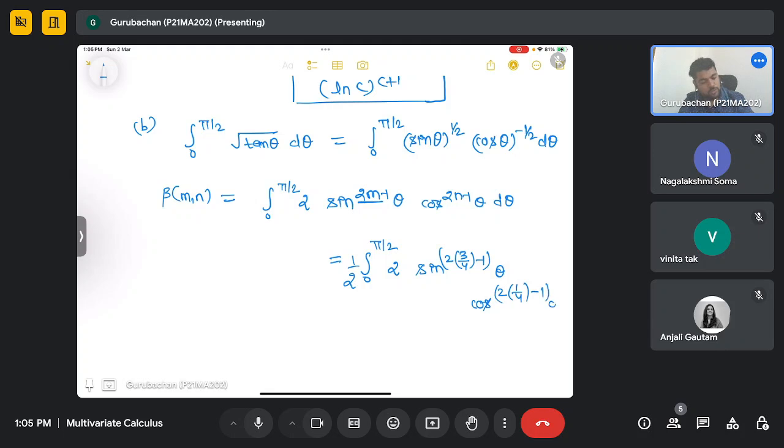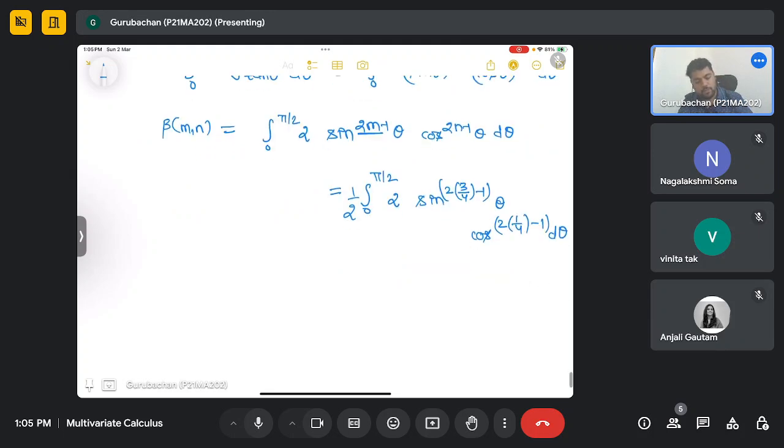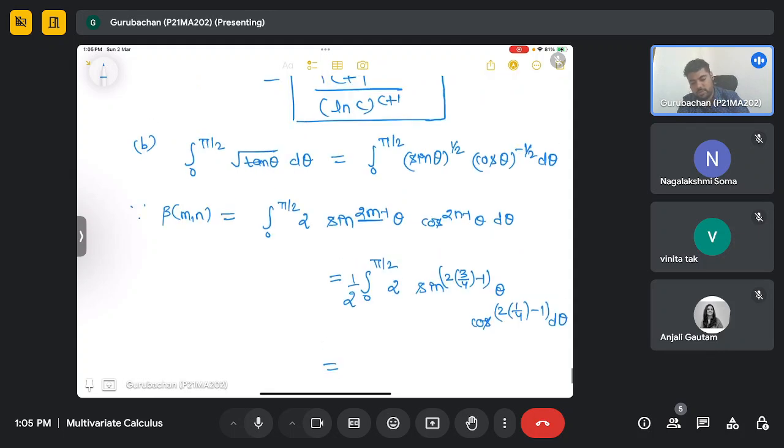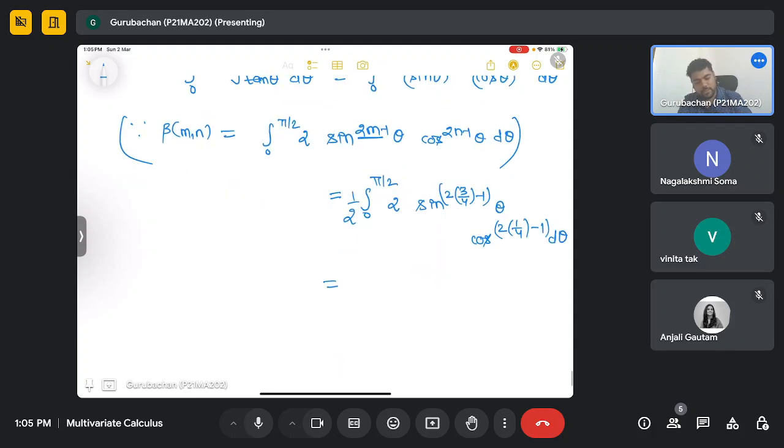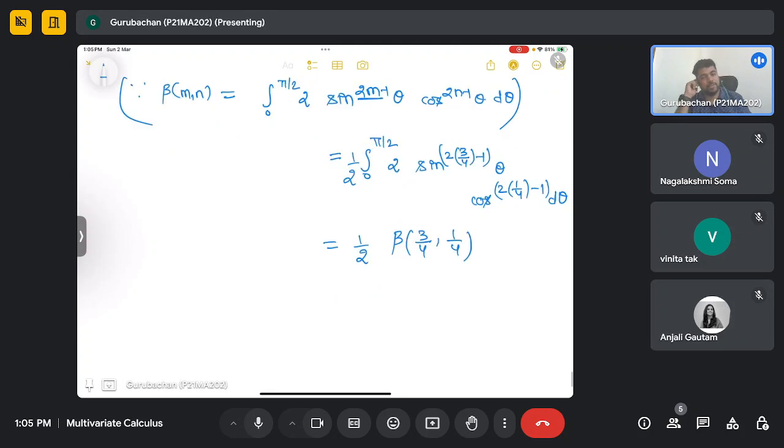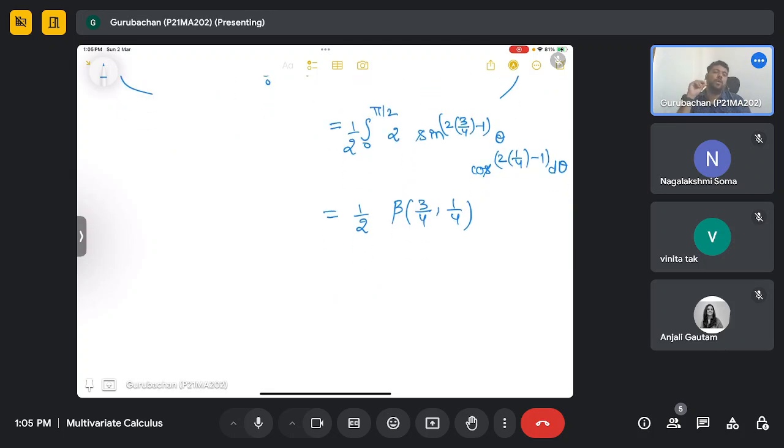So this will be d theta. By the definition of the beta function, we can see that half of this is nothing but beta of 3 by 4 comma 1 by 4. This we have to calculate now.